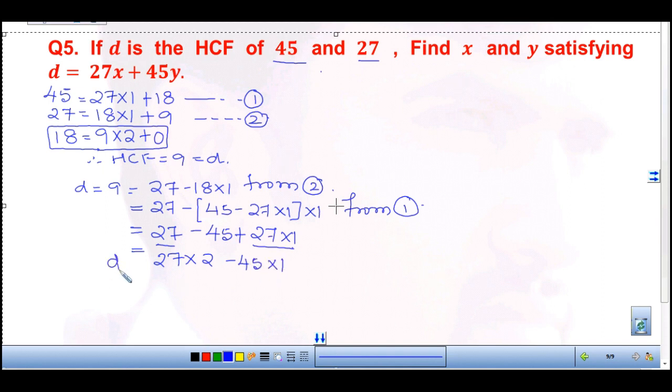Let us compare this with the given expression 27x plus 45y. On comparison, we get the value of x as 2 and the value of y as minus 1.